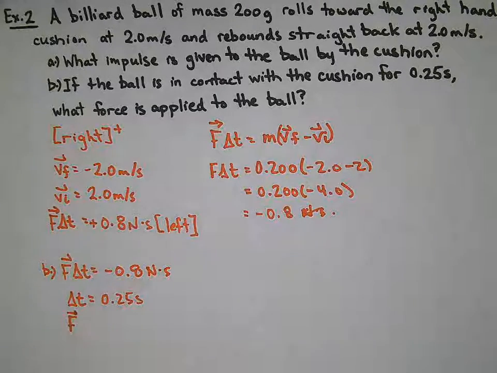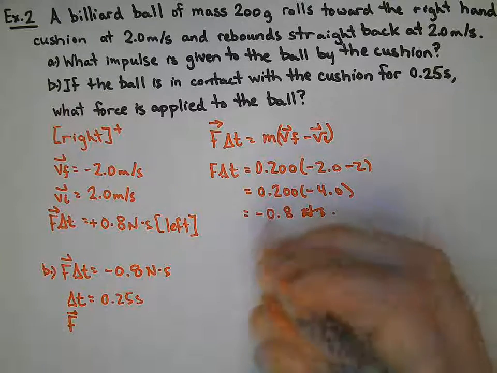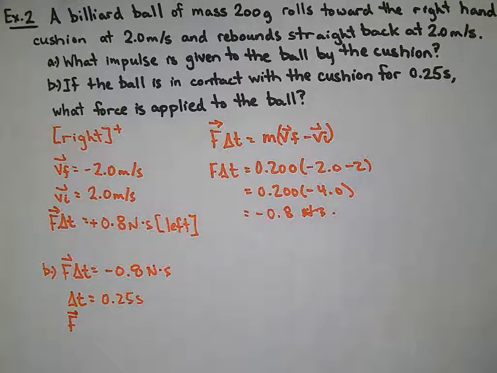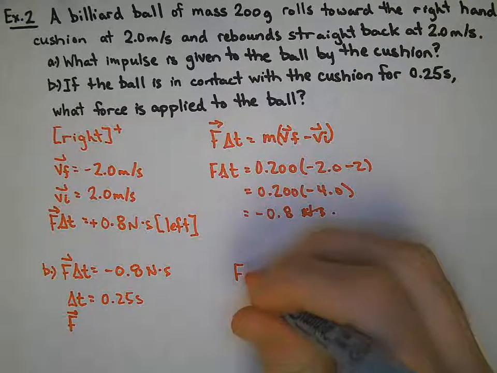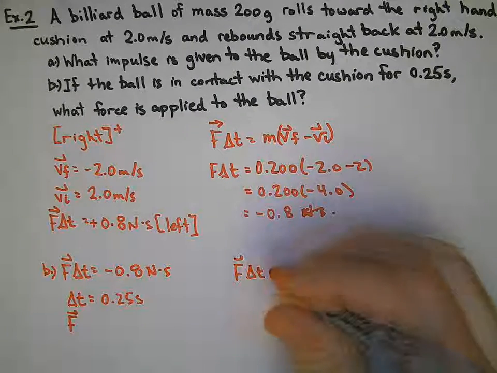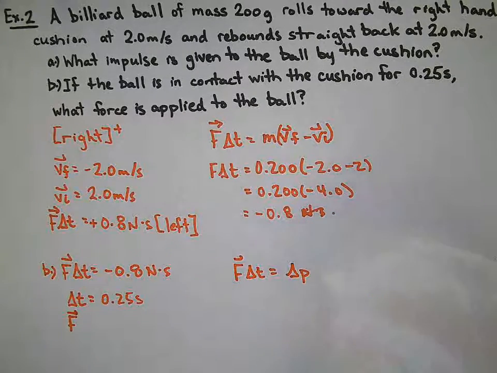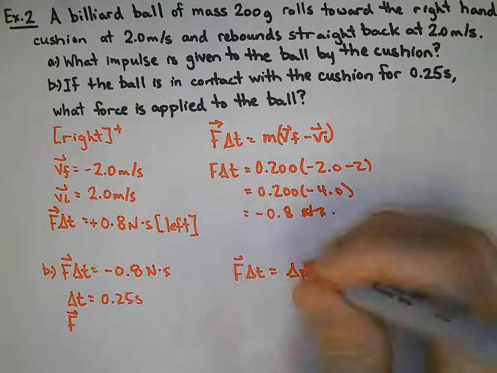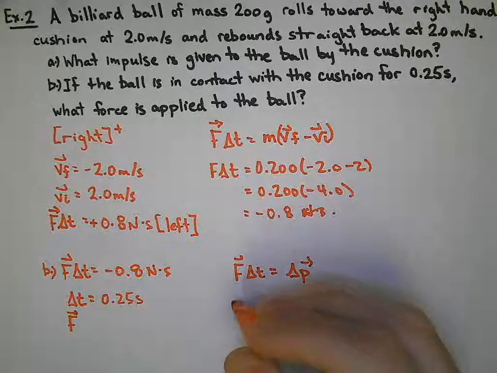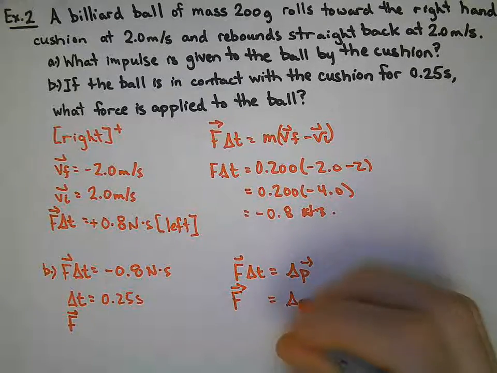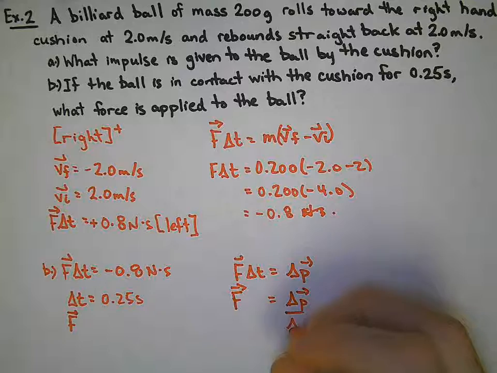Well, this is merely a matter of the fact that my impulse is given by F delta t. And since impulse is the same as my change in momentum, we can say that the force will be equal to that change in momentum over that time.